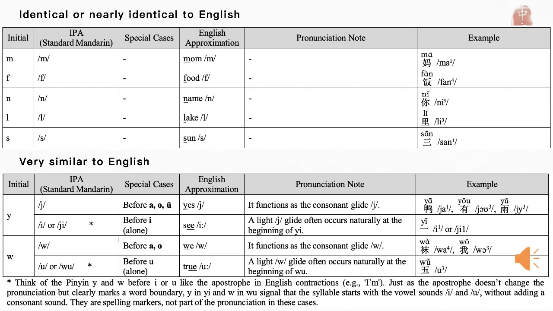Think of the pinyin y and w before i or u like the apostrophe in English contractions, for example, I'm. Just as the apostrophe doesn't change the pronunciation, but clearly marks a word boundary, y in yi and w in wu signal that the syllable starts with the vowel sound i and u, without adding a consonant sound. They are spelling markers, not part of the pronunciation in these cases.